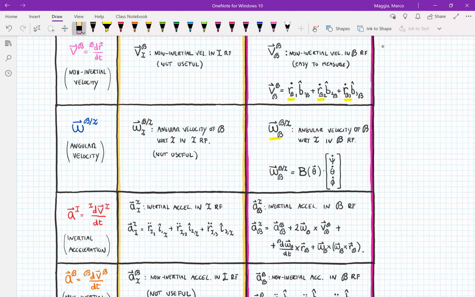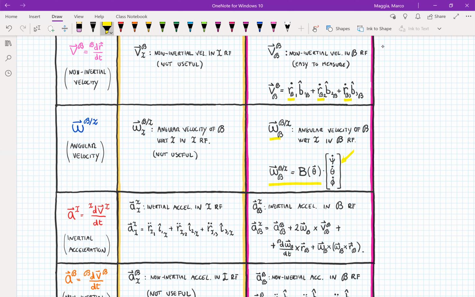What we really are focusing on, and what we found an expression for, is the angular velocity in the body frame coordinates. In other words, we found this expression here, omega of B with respect to I in the B coordinates is equal to the matrix B times this vector, which doesn't have any physical meaning, but the vector contains the Euler angle rates, psi dot, theta dot, and phi dot.